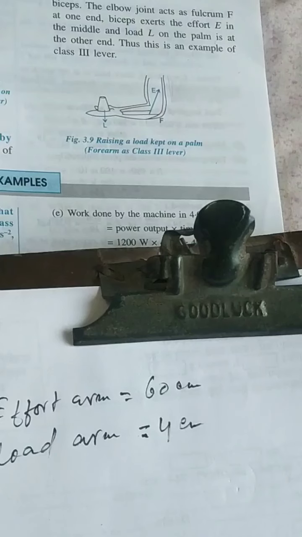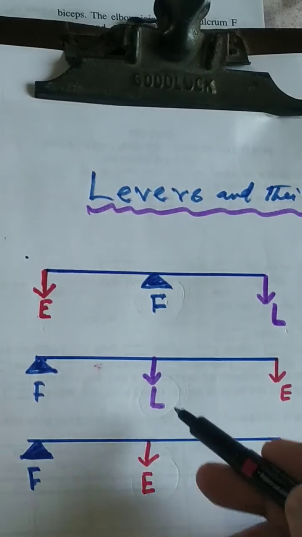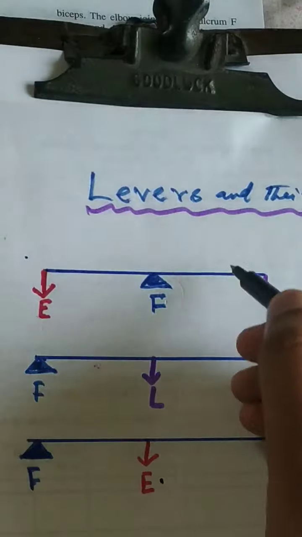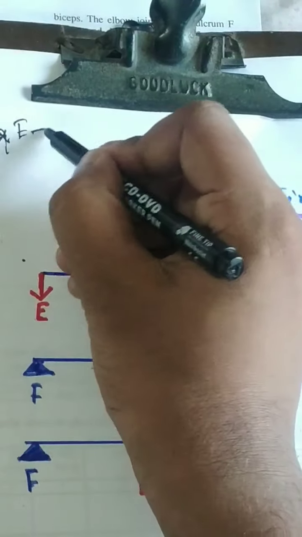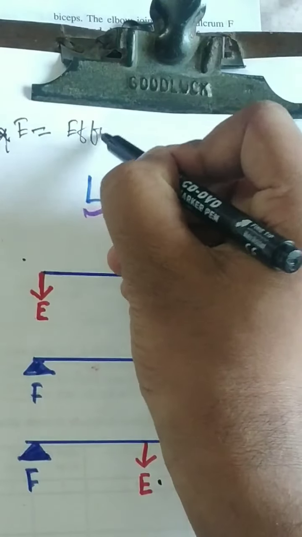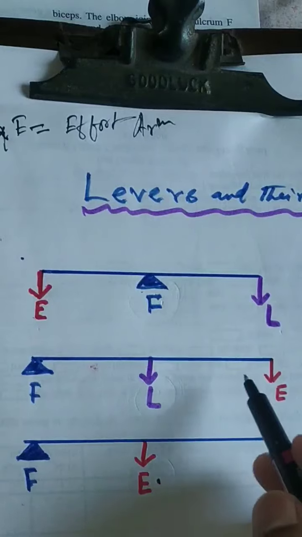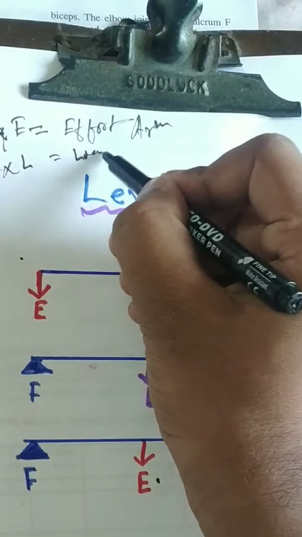In the previous video we have discussed this. Let us recapitulate it again. Here, fulcrum, load and effort. Effort arm will be the distance between fulcrum and effort. And the distance between fulcrum and load will be the load arm.